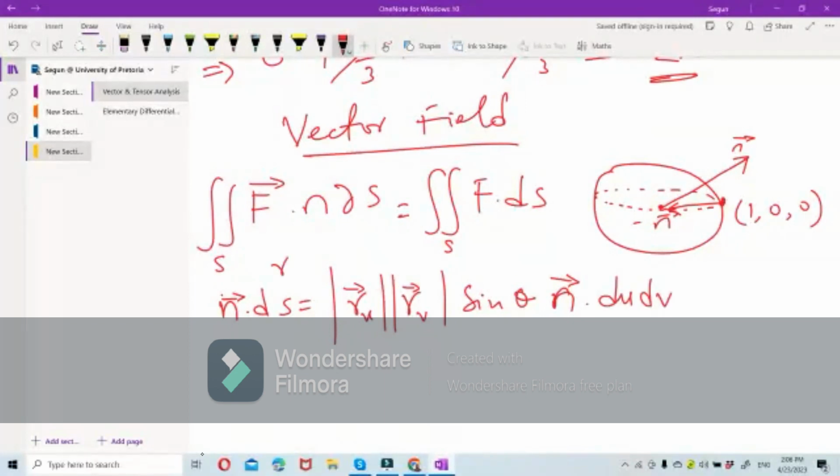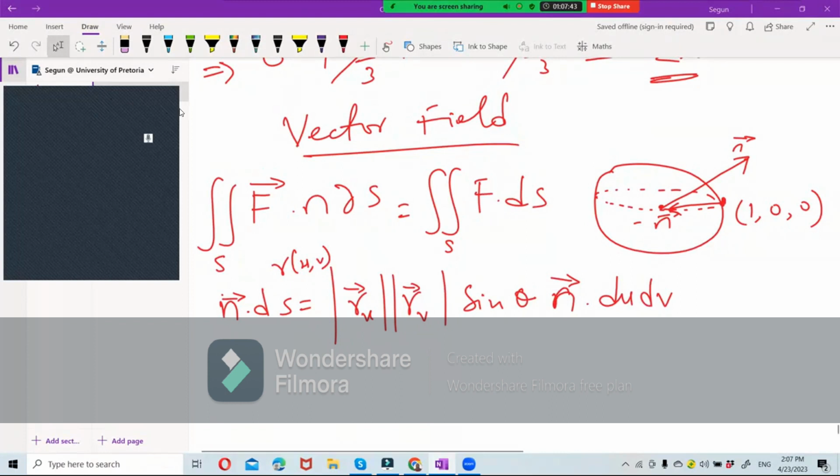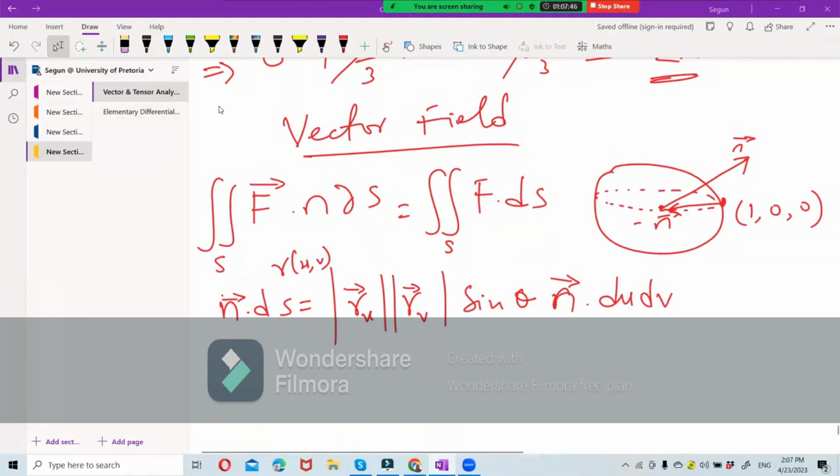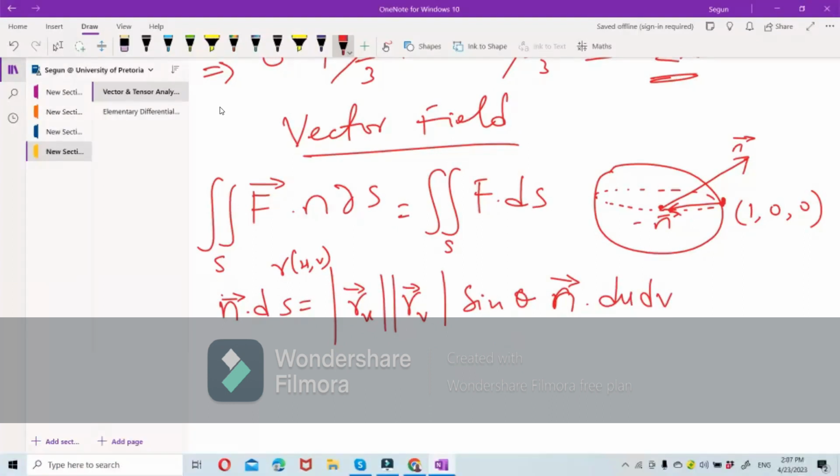Remember, everything is still coming down from u, comma v. From here to here, we are still talking about r_u cross r_v du dv.